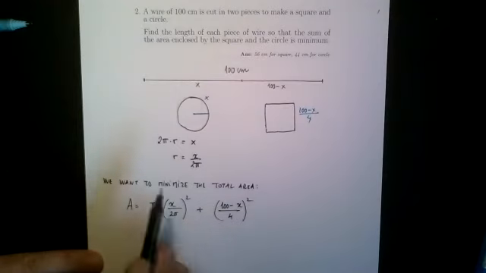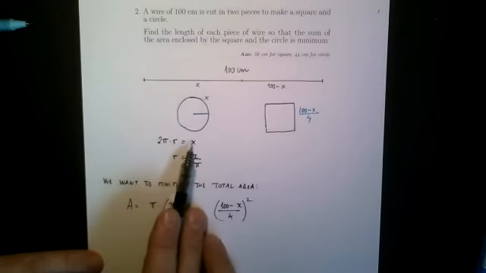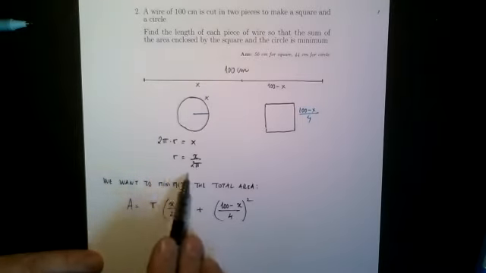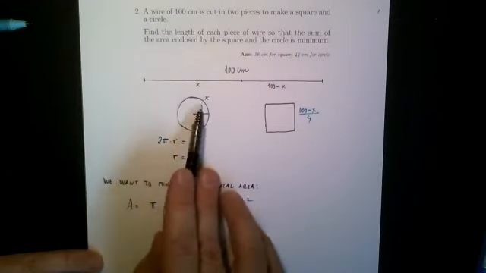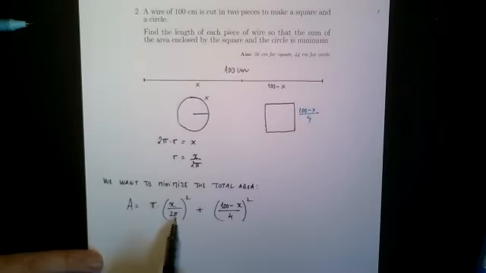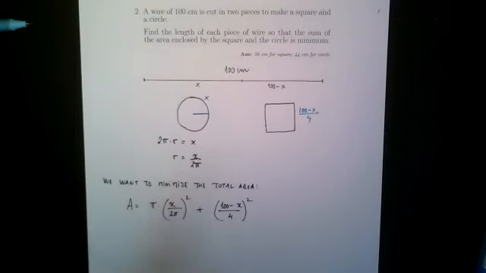If you isolate the radius, you get x over 2 pi. And now the area of this disk is pi times the radius squared. Oh, okay. That's the radius. Does this answer your question?